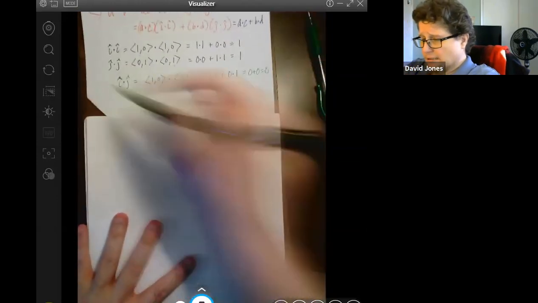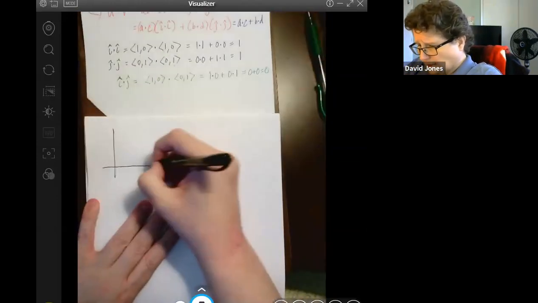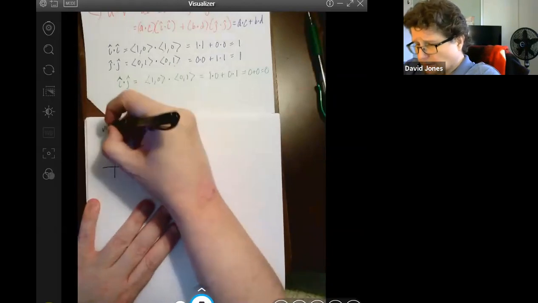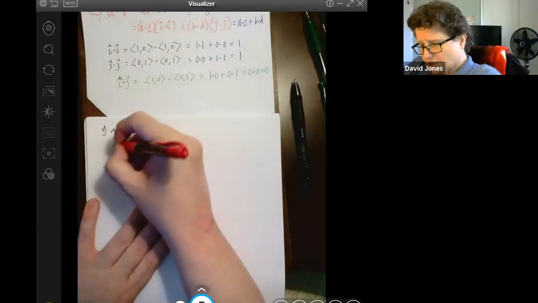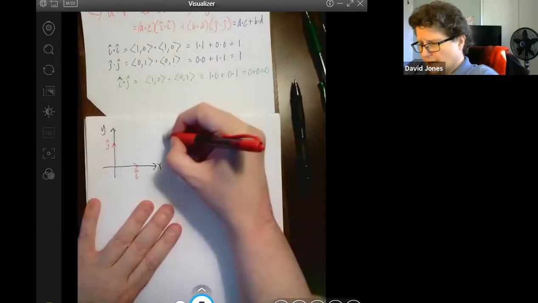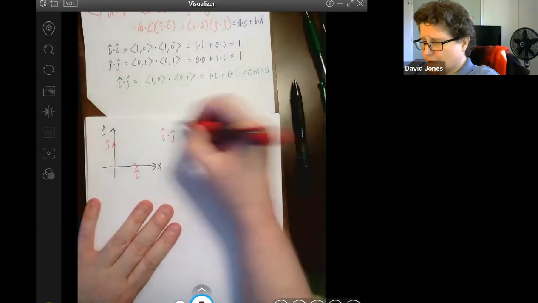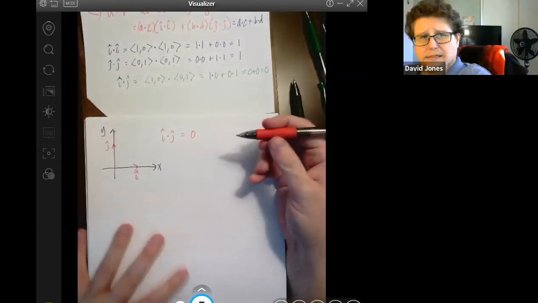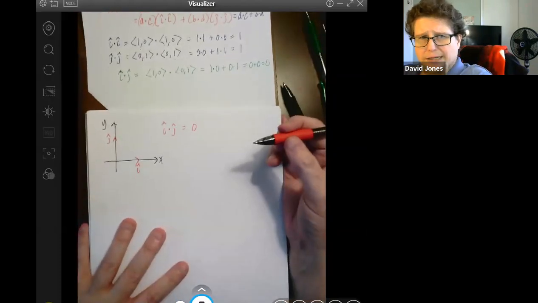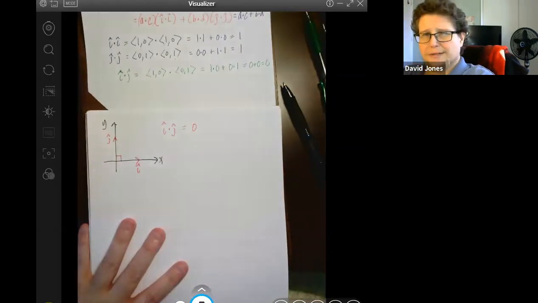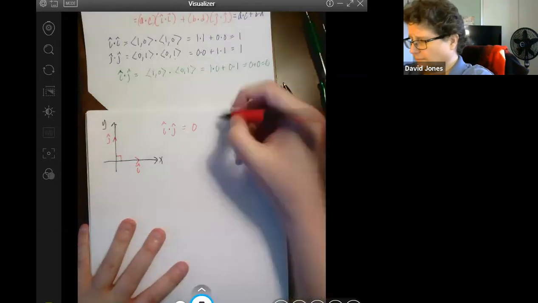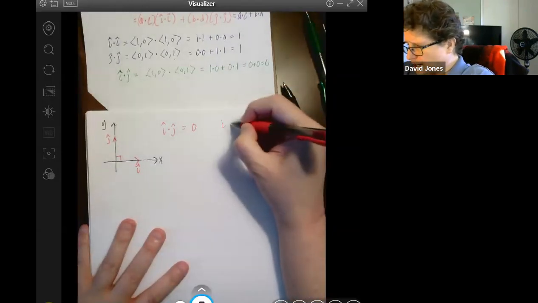Let's look at I hat and j hat. I hat's there, j hat's there, and we just showed I dotted with j equals 0. What relationship do I and j have? They're perpendicular. I and j are perpendicular.